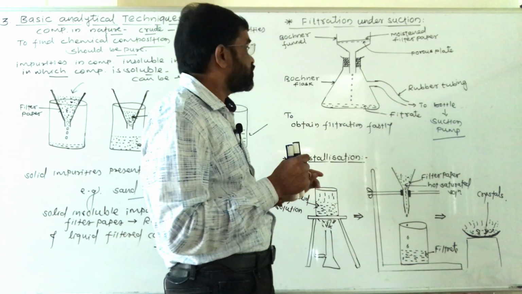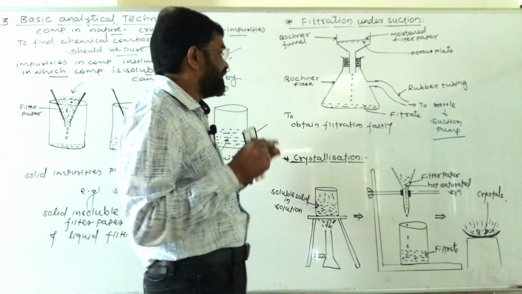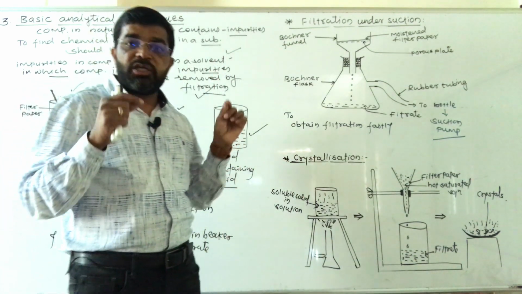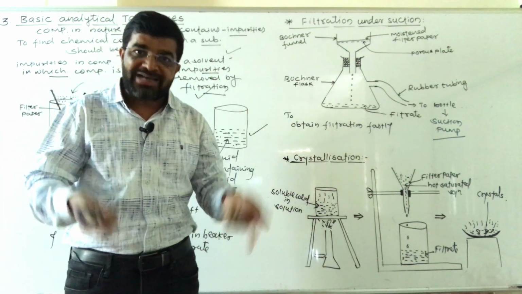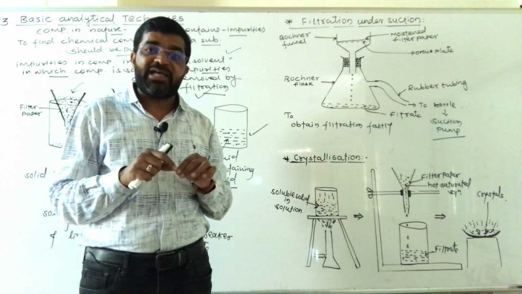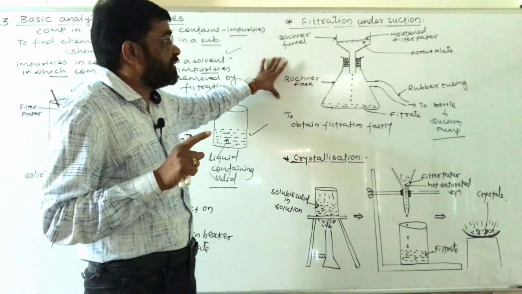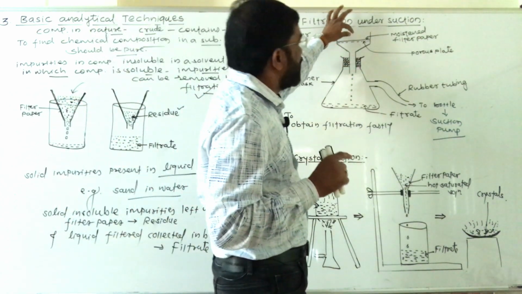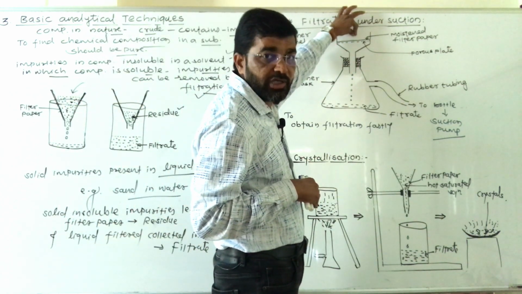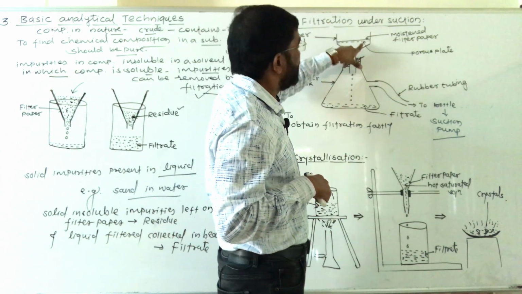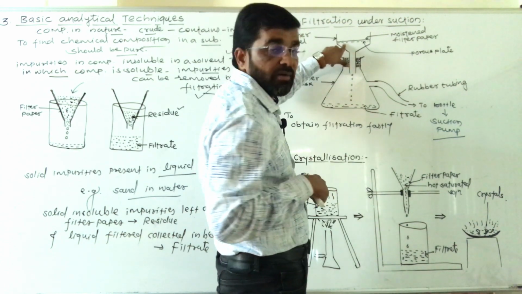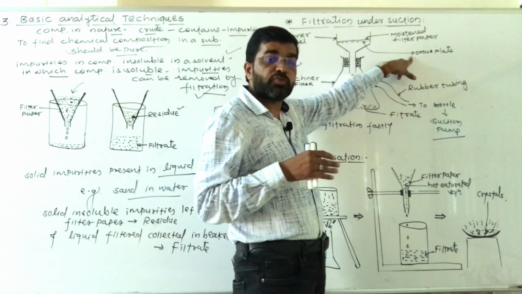So what happens due to the use of filtration under suction? The filtration takes place fast, as well as clearly, the purification is carried out. The solid impurities present in this liquid solution will be collected on the porous plate.